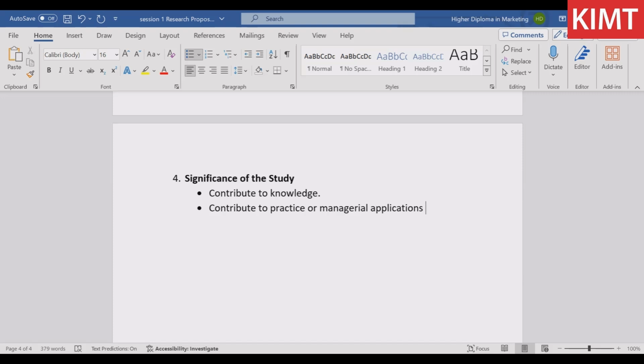It is called managerial applications, simply called practical applications. Now, this is how you are supposed to develop the significance of the study part, right? Okay.